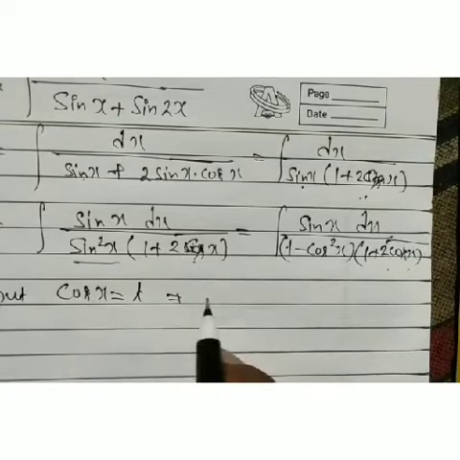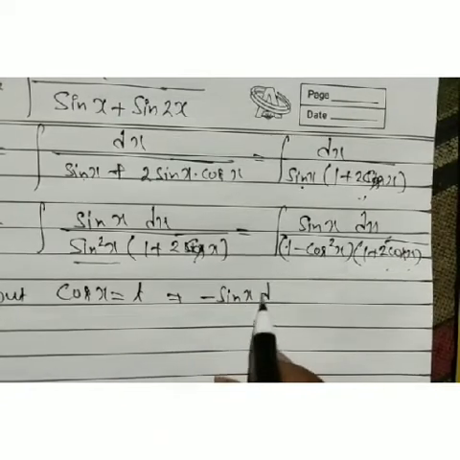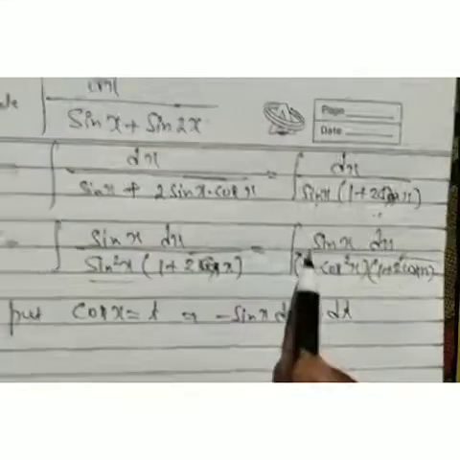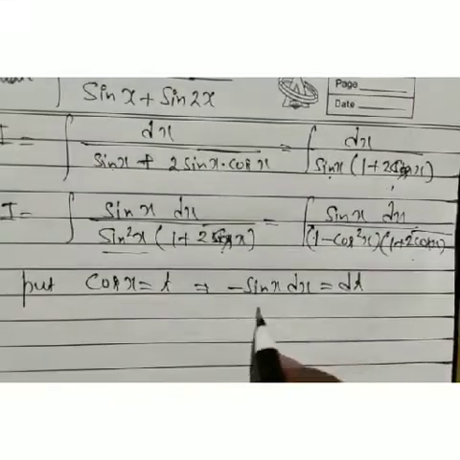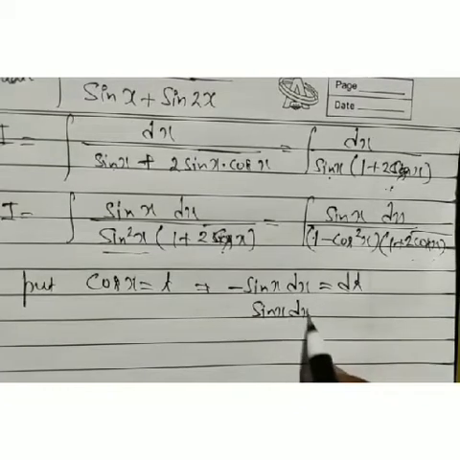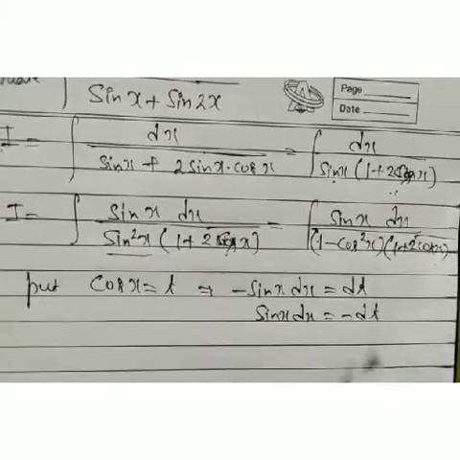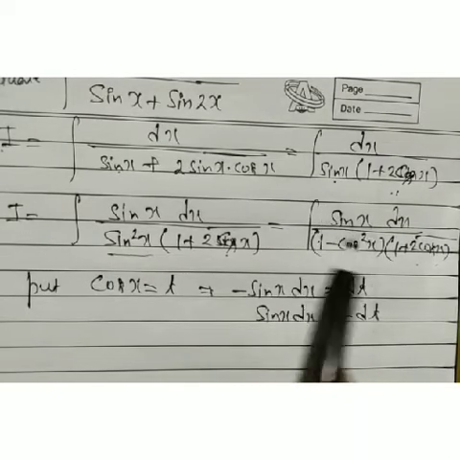What about dx? It's minus sin x dx equal to dt. Now we have sin x dx, then sin x dx is equal to minus dt. Now we are going to change here.